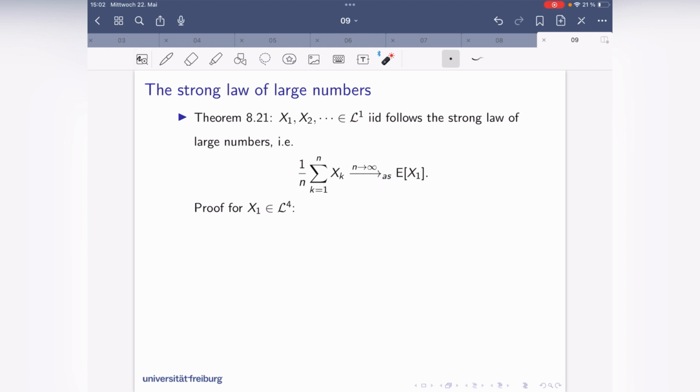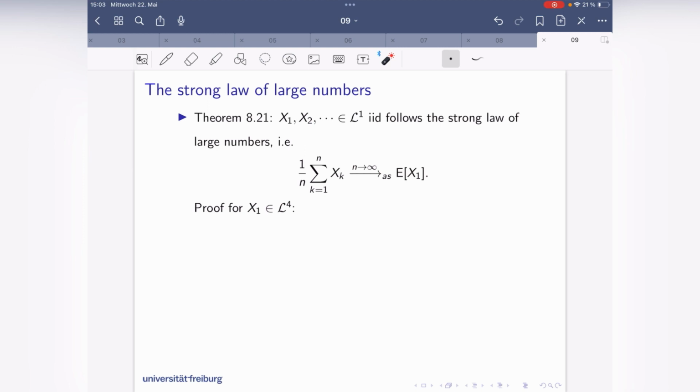I'm not going to prove this here in the video. I'm going to make two proofs, but in weaker cases. First case, X is in L4. As we will just see, that's easy, I mean, easy in the sense it's 3 lines of calculation.